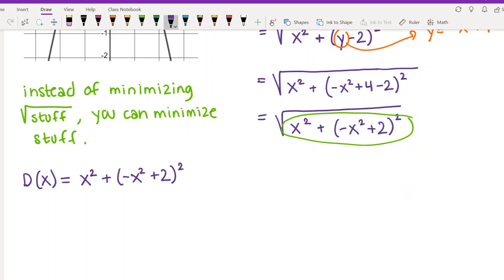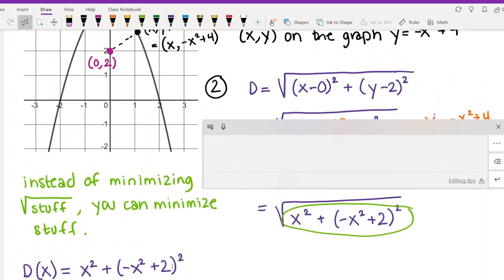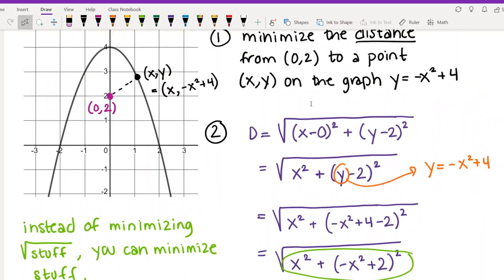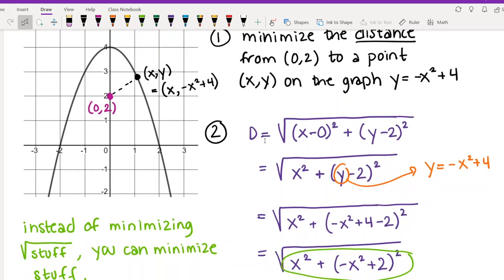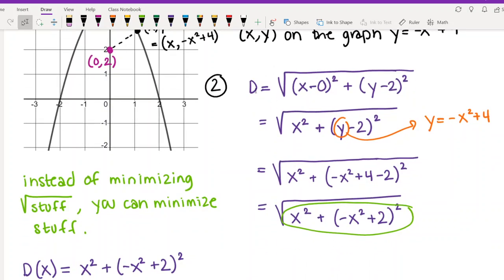So hopefully you're all still with me. I know there's kind of a lot of different steps here, but yeah. So again, just to quickly recap, the steps we did is we figured out that we wanted to minimize the distance from 0, 2 to this point on our graph. So we wrote down the distance formula and we're like, okay, cool. We want to find the minimum of this distance. But then we realized, well, we can't really do calculus on this because we only know how to do calculus on functions with one variable.